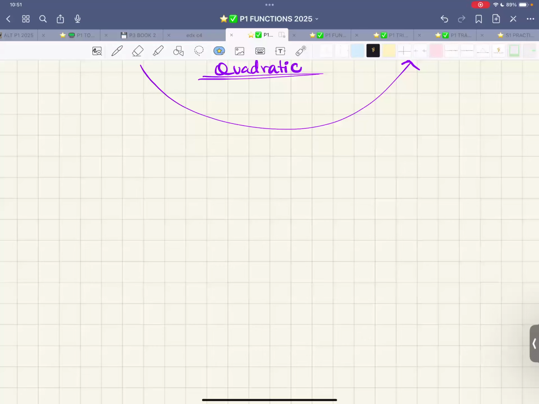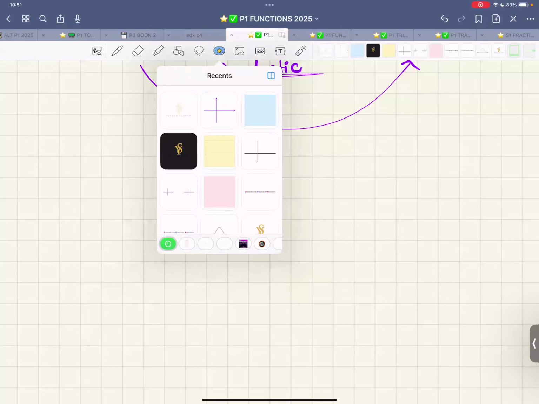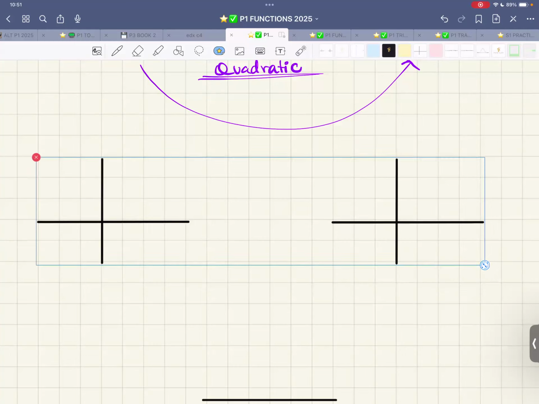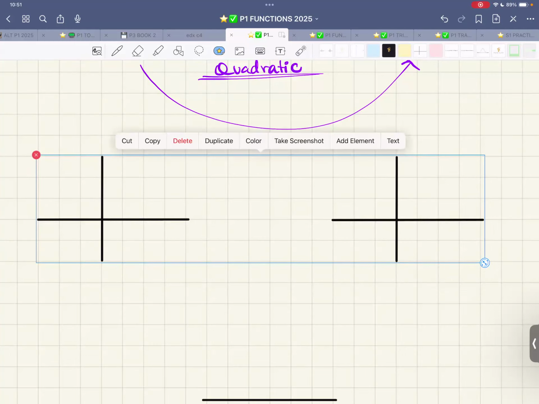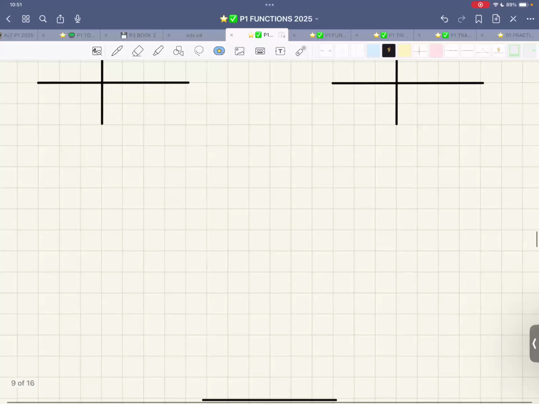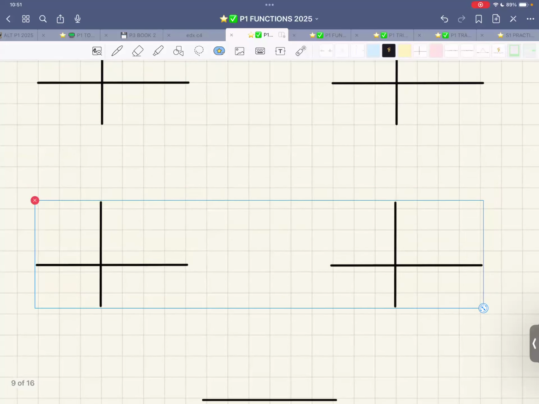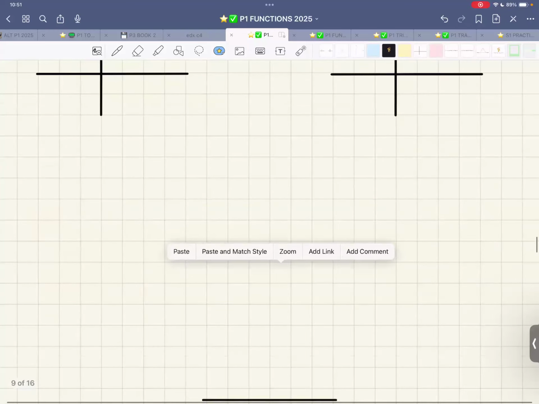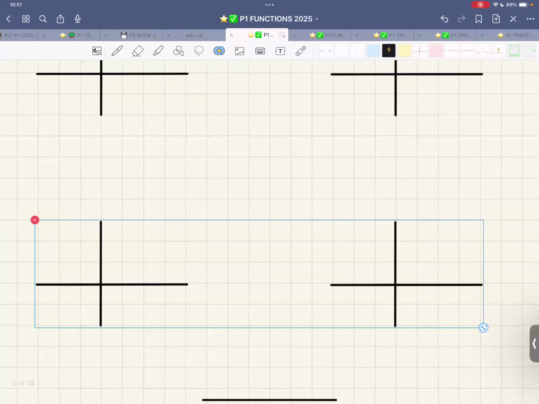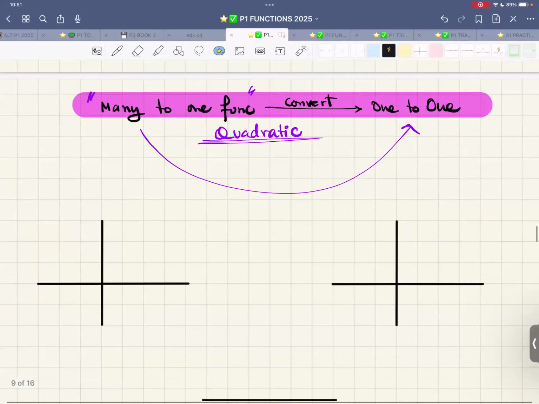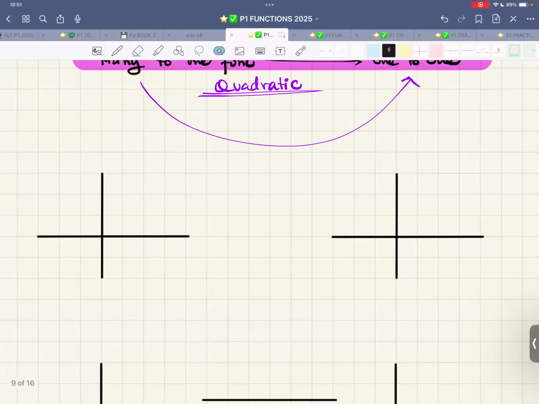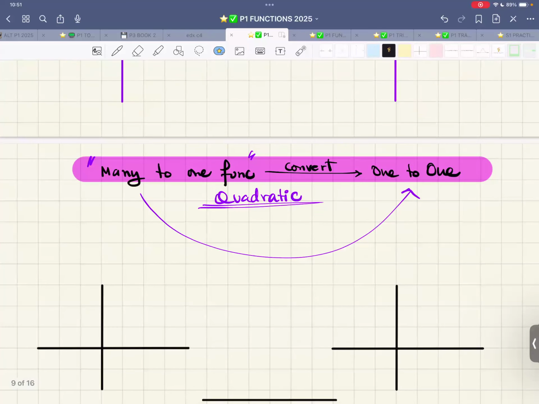So let me just check if there is the grid over here. Okay, this is good. And let me copy this. We all know the original quadratic. The original quadratic is right over here.